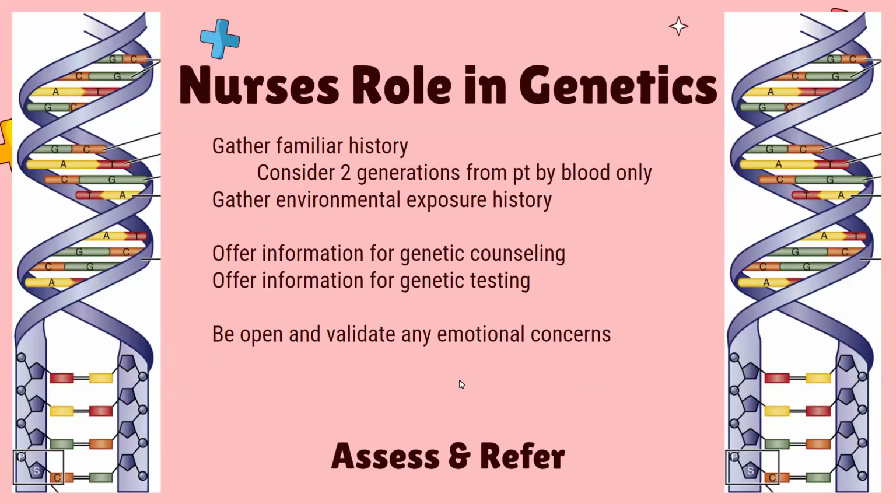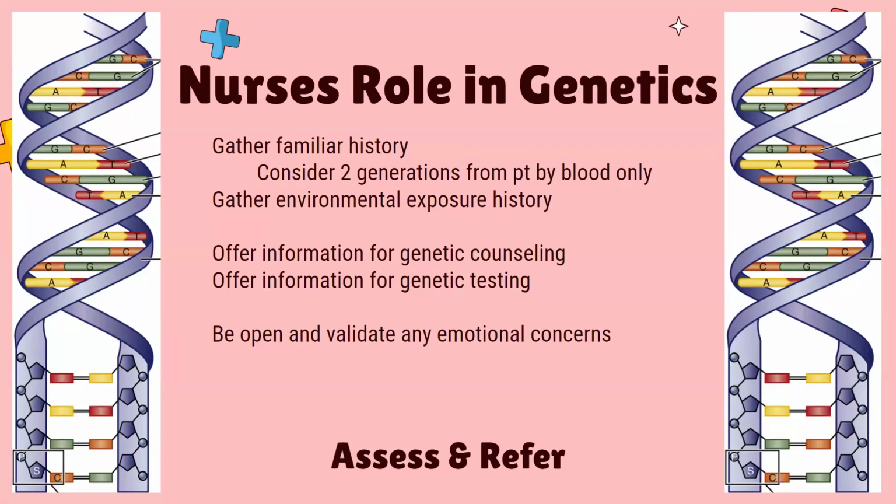So what do we do as nurses in regards to genetics? We have two main goals when it comes to our role in genetics. We assess, so we want to gather a detailed familial history and an exposure history regarding environmental exposures.